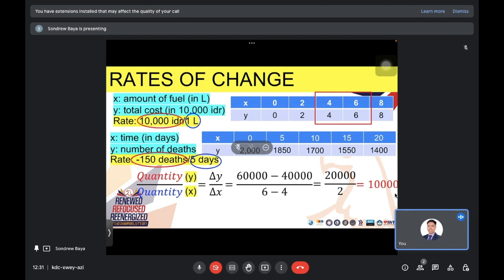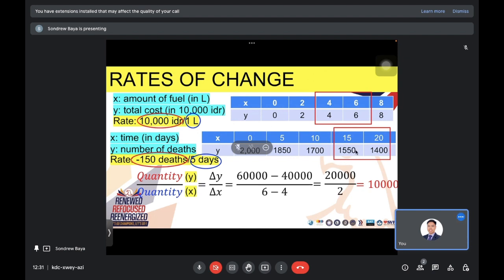All right. Now for the table of values below, we can pick these two values here, and we can see here that in terms of number of deaths, it is 1,550 going to 1,400. So this 1,400 is your current value, and this is your previous value.